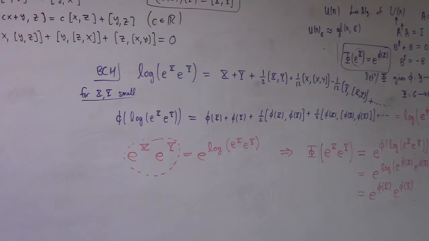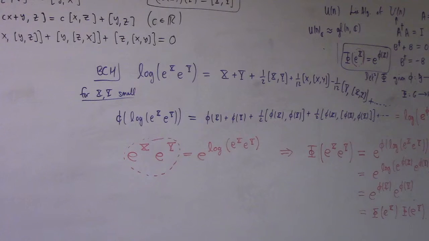Phi e to the x times phi e to the y. Right. Again, using our implicit definition of the group homomorphism, this is big phi of e to the x, big phi of e to the y. Let me try to explain in words what we've just shown.